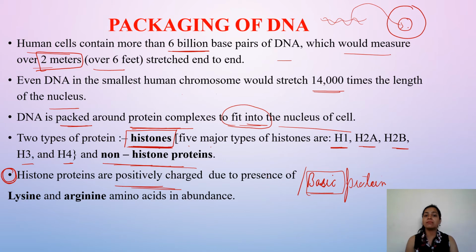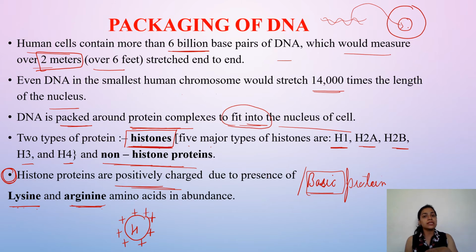Similarly, the building blocks of histone proteins are also amino acids, and those amino acids are rich in positively charged amino acids like lysine and arginine. The number of lysine and arginine amino acids is abundant in histone proteins. That's why histone proteins have an overall positive charge.